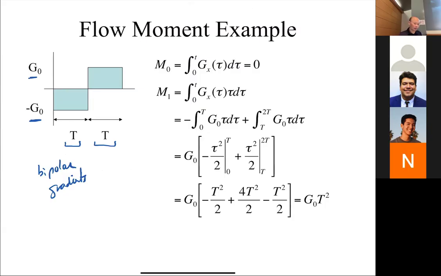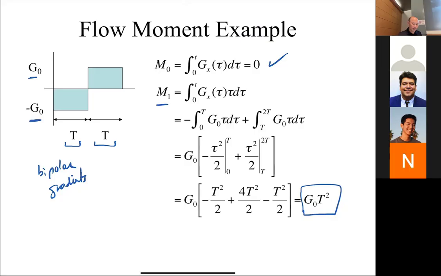First of all, the zeroth order moment is just zero, because the sum of that area is zero. And the first order moment, if you go through the algebra, turns out to be G0 times t squared. So the bigger you make the gradient, the bigger the first order moment, and also the longer you make it, it has a quadratic dependence.